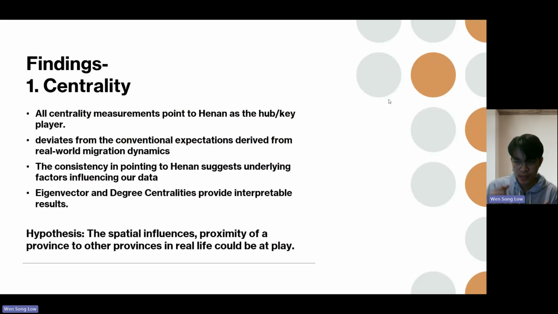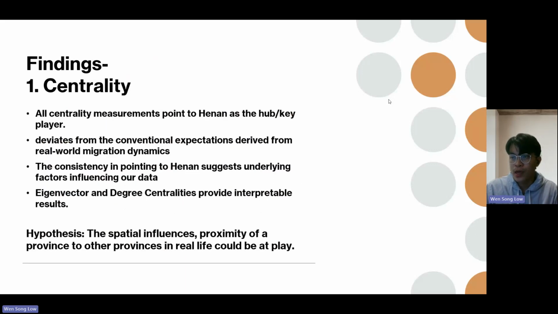We can hypothesize that spatial influences, or the proximity of one province to other provinces, could be at play in motivating migration patterns, whether emigrating or immigrating, essentially migration patterns across the country up until the year 2010.